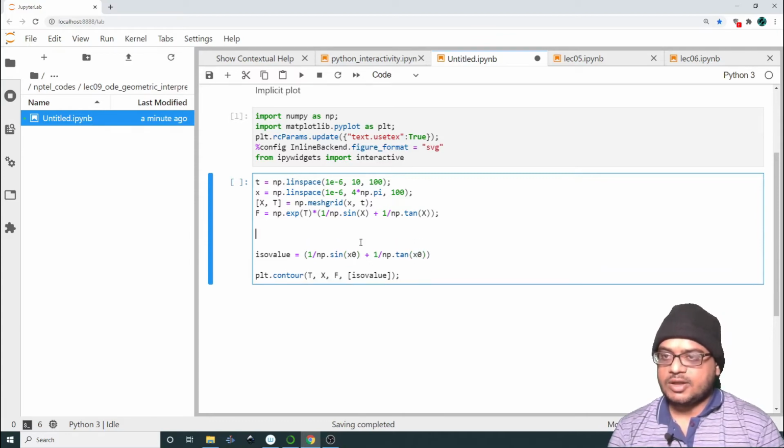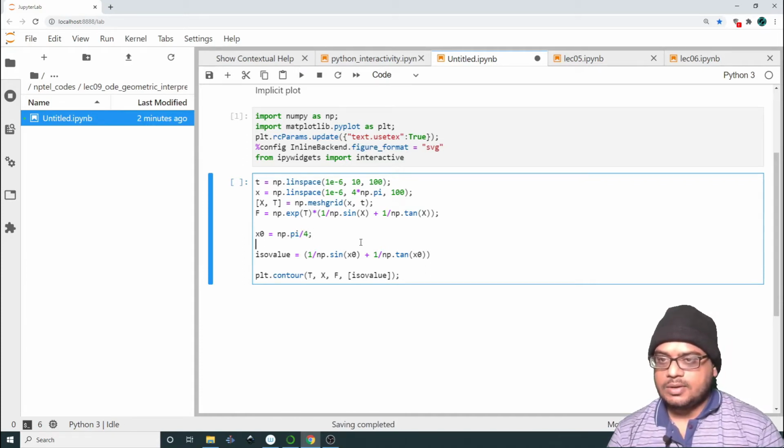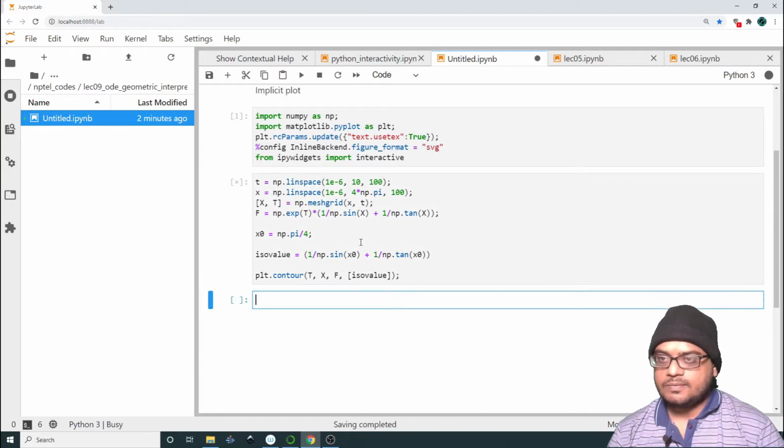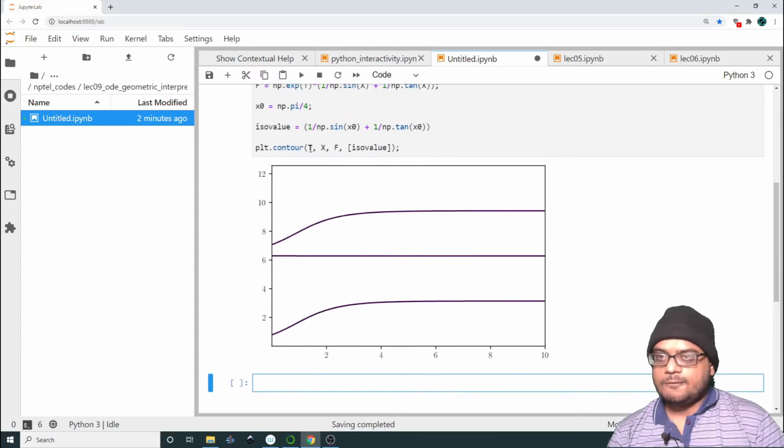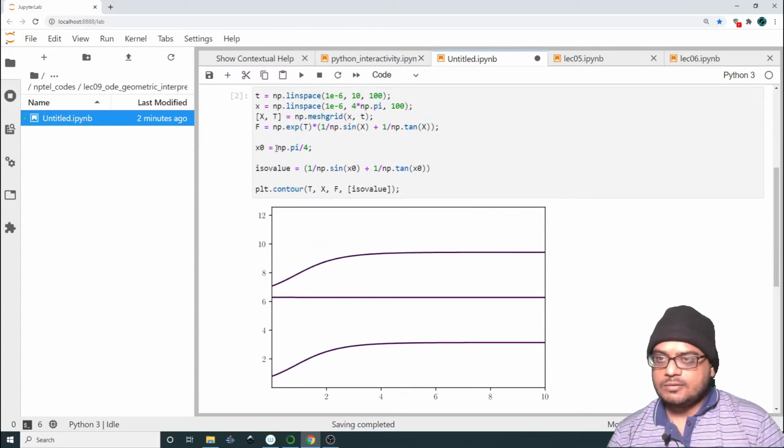And I will define what x naught is. So let x naught be equal to pi by 4. Okay, so let me run this and let's see what happens. Great.